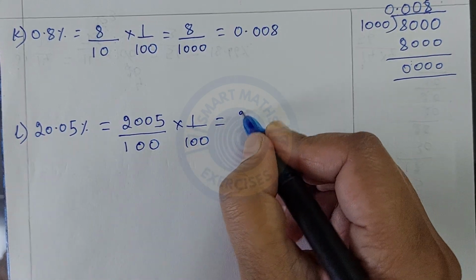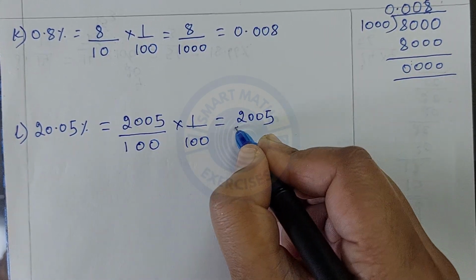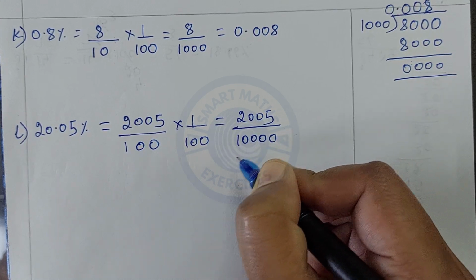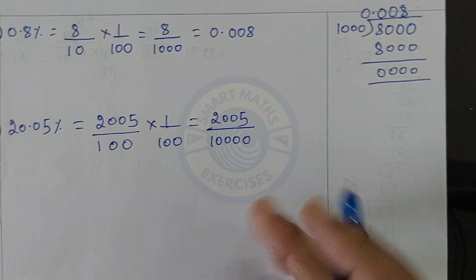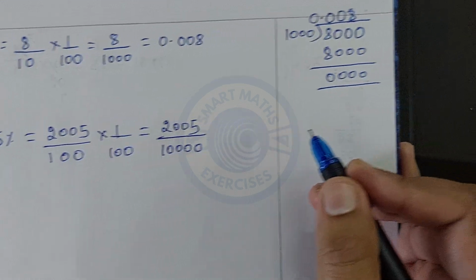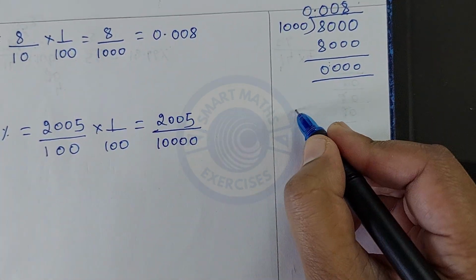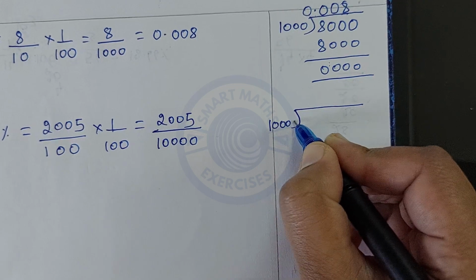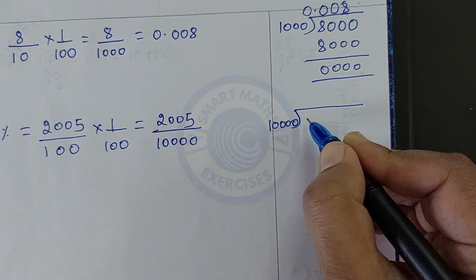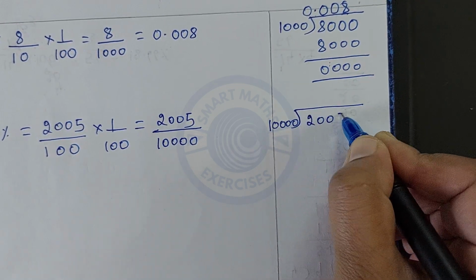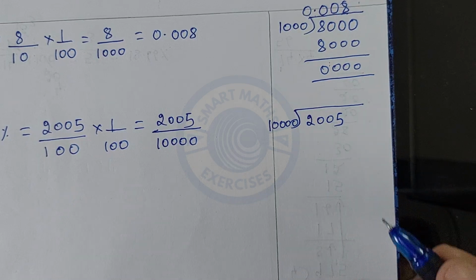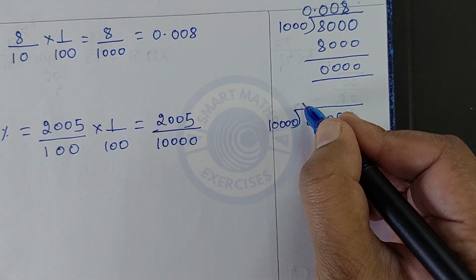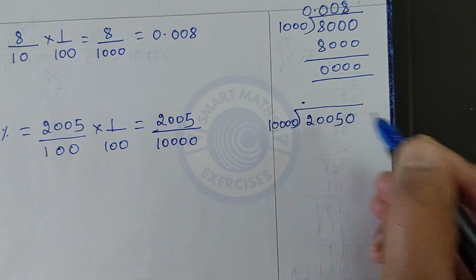Multiply this. 2,005 by 10,000 and then divide this. Since 2005 is less than 10,000, we add a decimal point, add a 0.